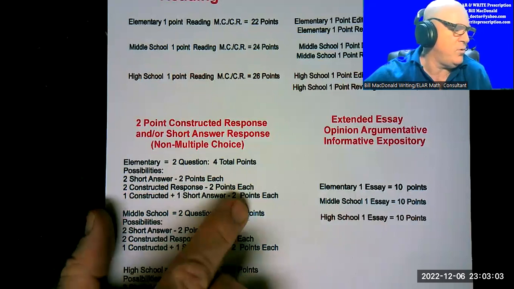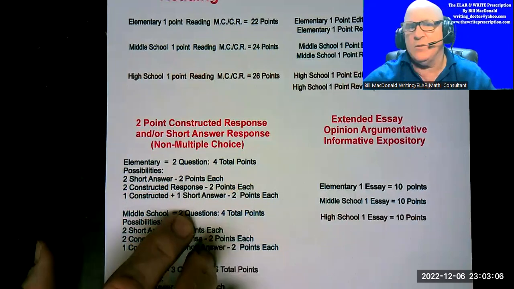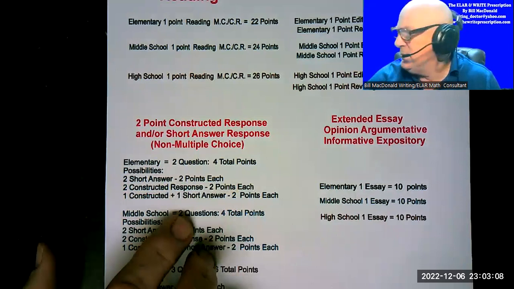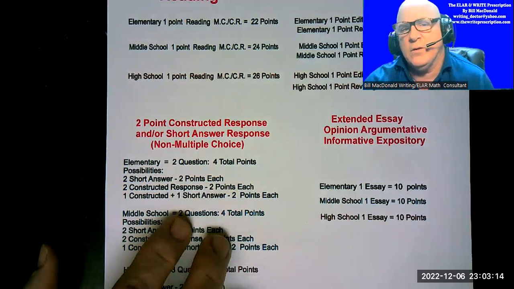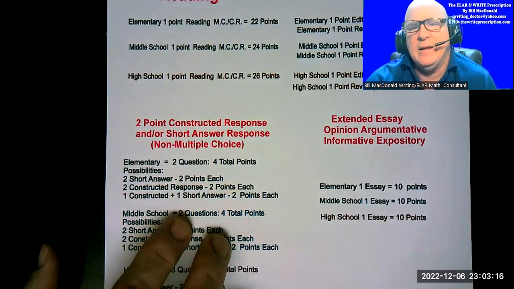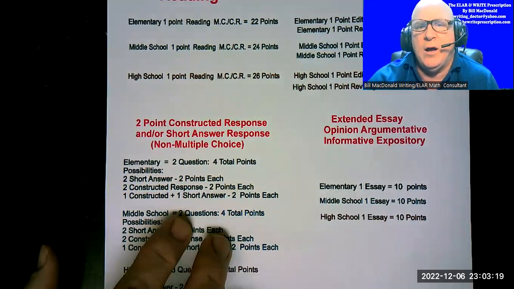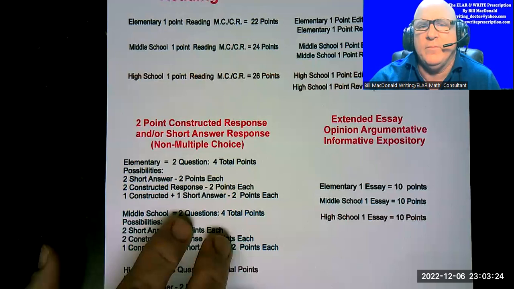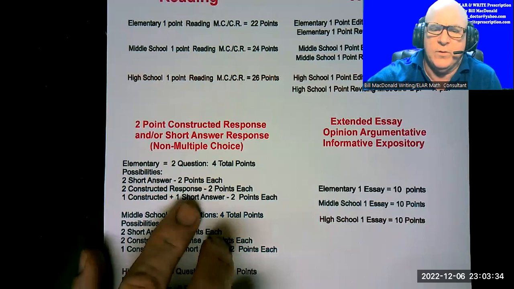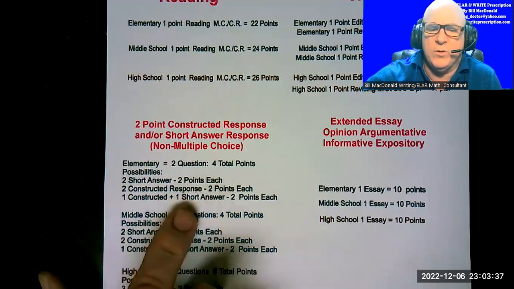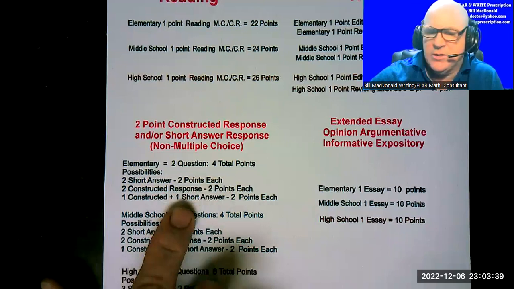For those of you that have the writing folder, it's all of the choices above the red line, like multiple answer, hotspot, part A, part B. Those are all worth 1 point or 2 points, but they're saying that they can give you up to 0, 1, or 2 of those short constructed responses.